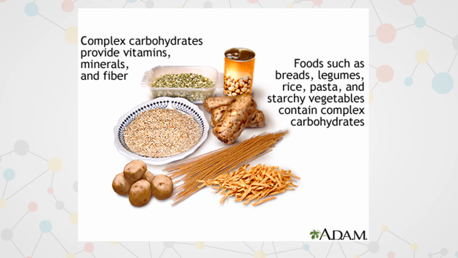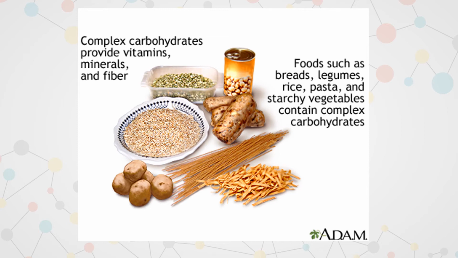So these are the carbohydrates that we can find in our home. Complex carbohydrates, such as starch and glycogen, provide vitamins, minerals, and fiber. Foods such as breads, legumes, rice, pasta, and starchy vegetables contain complex carbohydrates.